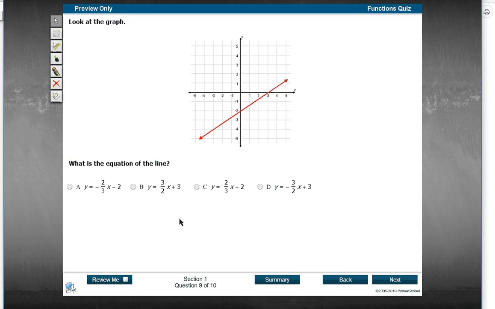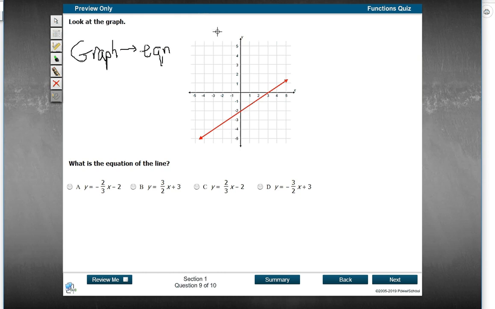All right, last 2. So now it has the same kind of deal. You're going from the graph to the equation. Like the last one, I can say, hey, right away, what is the slope of this? Is it going to be positive, negative, or 0?